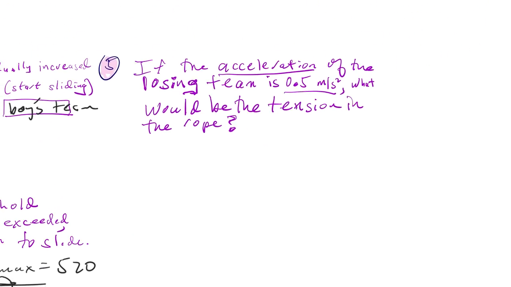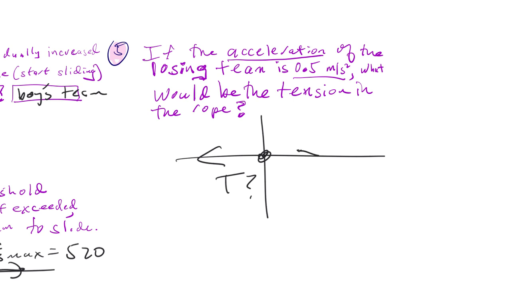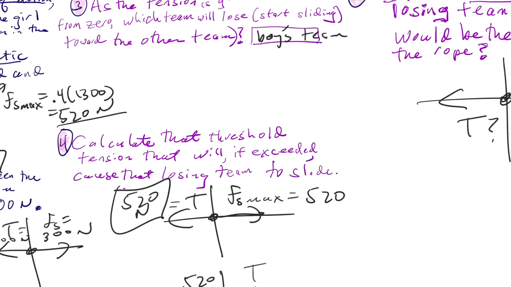If the acceleration of the losing team is 0.5 meters per second squared, what will be the tension in the rope? Okay, well, we already established it would be the boys. So here's the tension in the rope. That's what I'm looking for. And the friction that they're holding back, okay, they're accelerating already. So that tension is going to be greater than the friction. And so they'll be sliding. So that will be FK because they're sliding. They're accelerating. They're losing. So FK, I didn't figure that out yet for the boys.